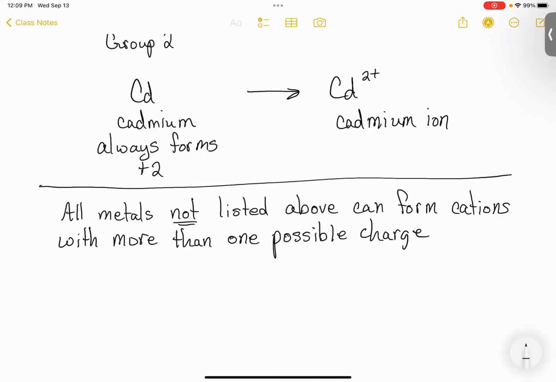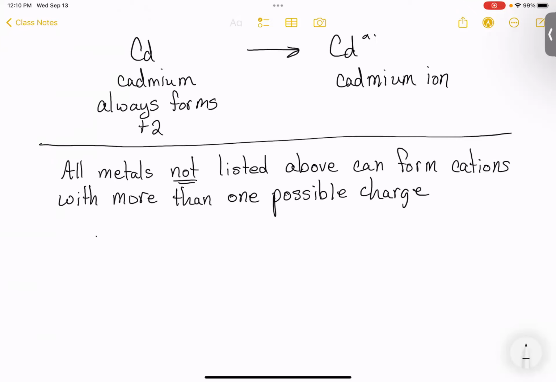So that's why you've got to know the metals that I listed previously: Group 1, Group 2, silver, cadmium, zinc, aluminum, gallium, and indium. Because if it's a metal and it's not one of those, then it can have more than one charge.